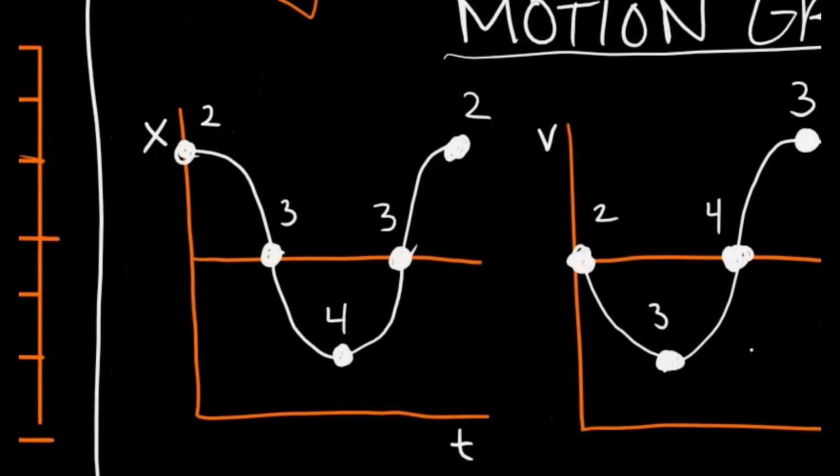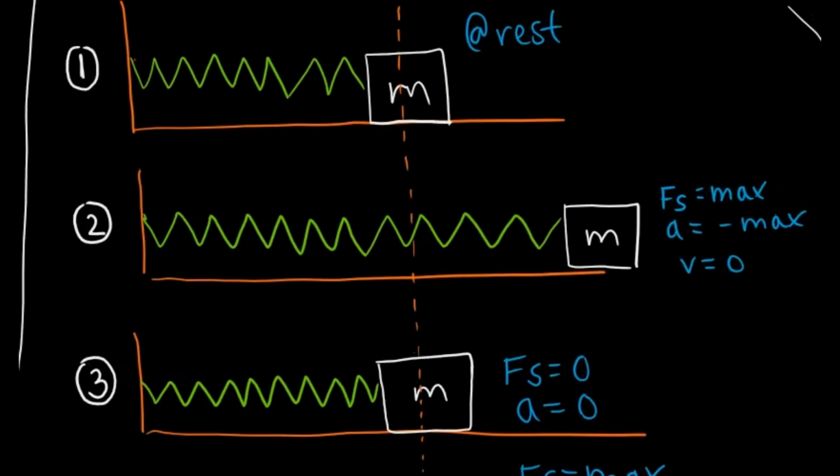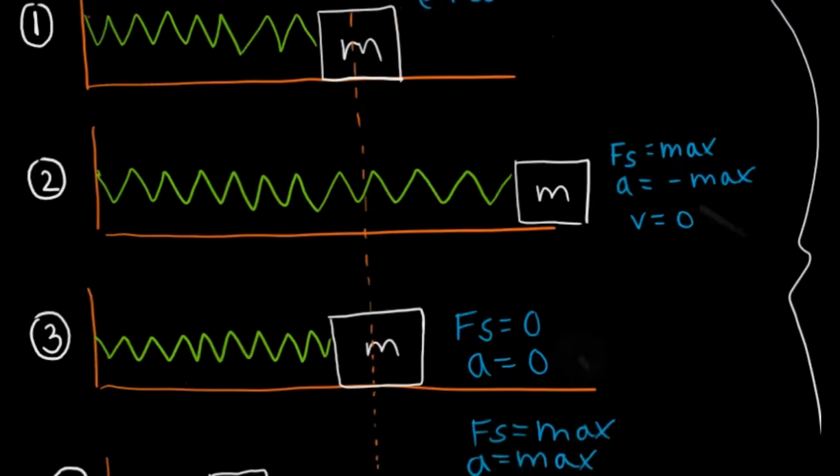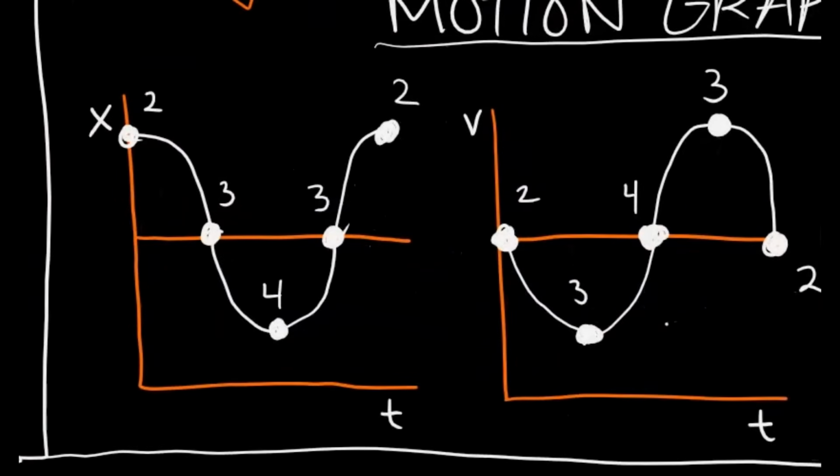If we look at it, position 2 represents that maximum position away. You see here, position 2, maximum distance away from the equilibrium position, and therefore at the maximum amplitude in the positive direction. And then as it goes towards the equilibrium position, you're going to hit x equals 0, which is representative of position 3. Then it goes to its negative at 4 and comes back.